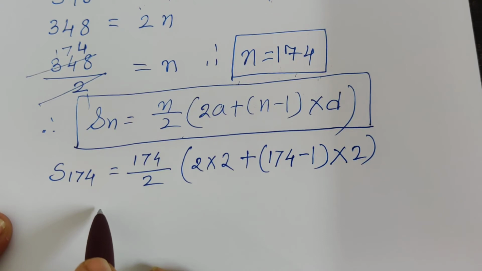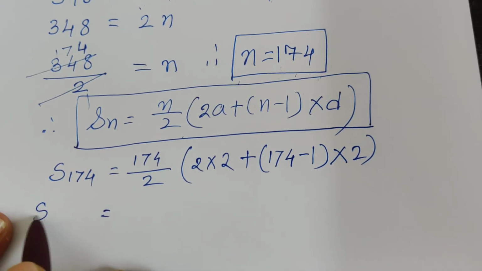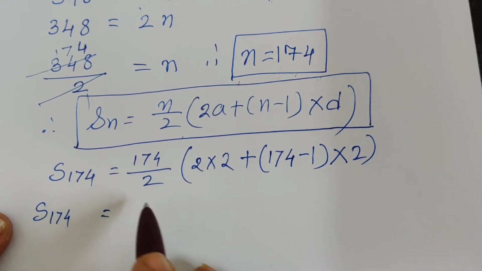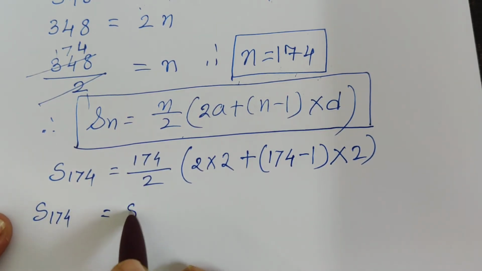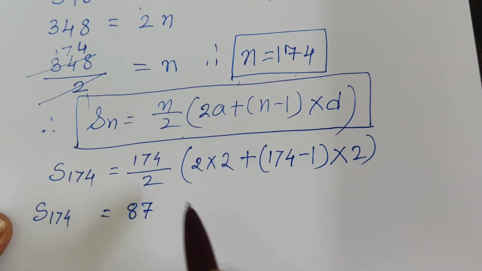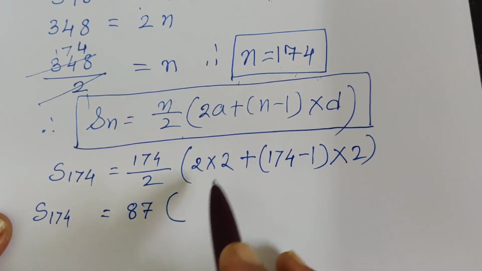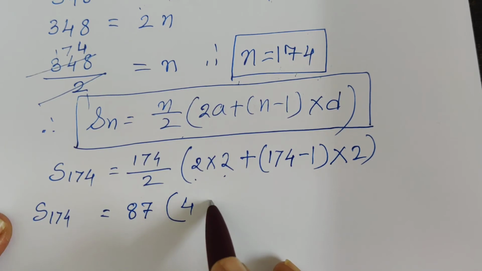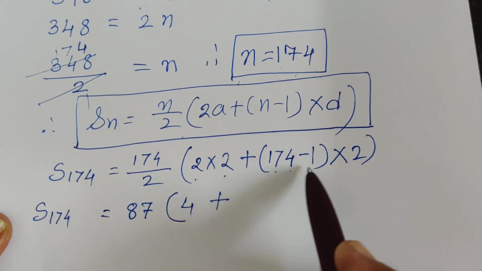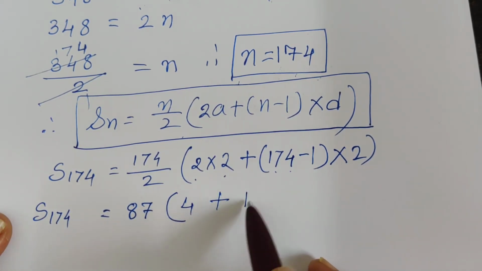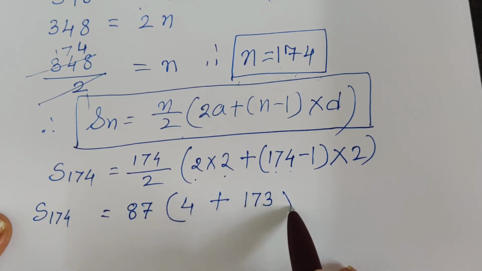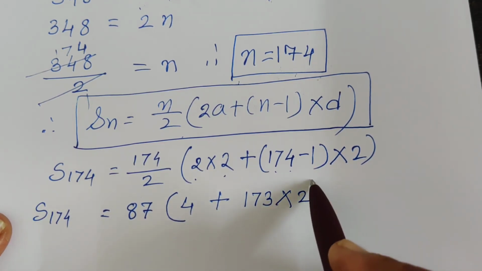So you get here, if you divide 174 by 2, 2 8s are 16, 2 7s are 14, so 87, in bracket 2 2s are 4, plus 174 minus 1 is equal to 173 multiplied by 2.